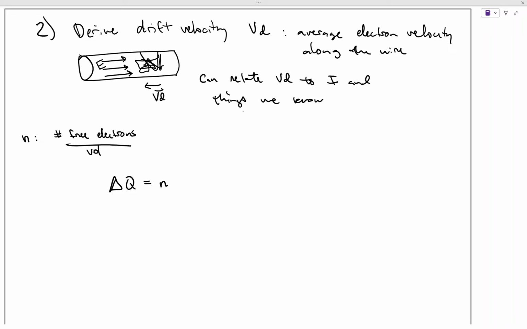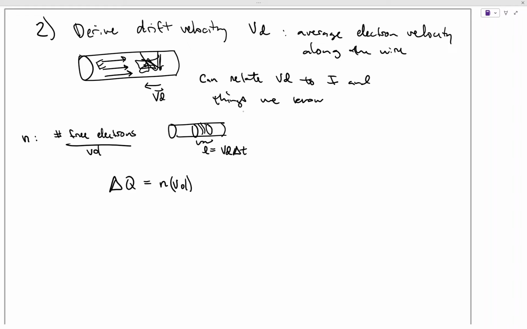It's also going to depend on an effective volume that's changing. Where does that come from? We can visualize it by imagining our chunk of wire, with a section of length L defined by the drift velocity in some amount of time.